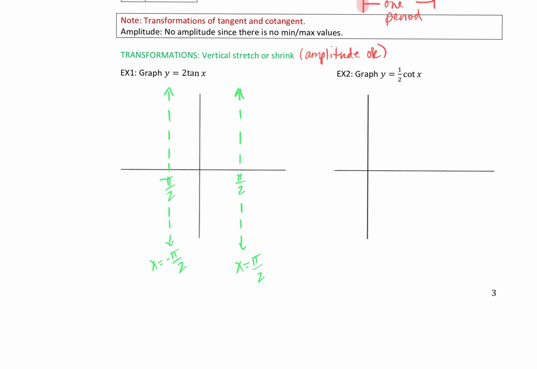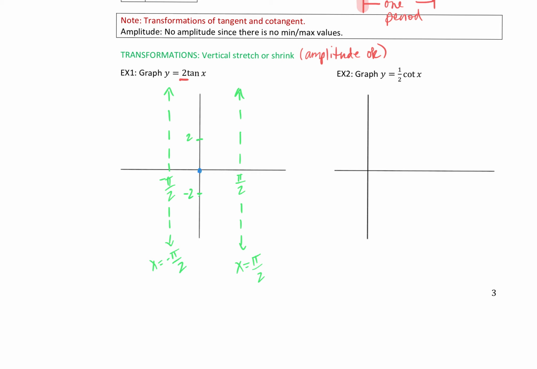The only thing that changed is this 2 out in front. So we graph the tangent function, but instead of going 1, negative 1, we're doing 2 and negative 2. Now all we really have to do is change our labels to 2 and negative 2, same as we did with sine and cosine.